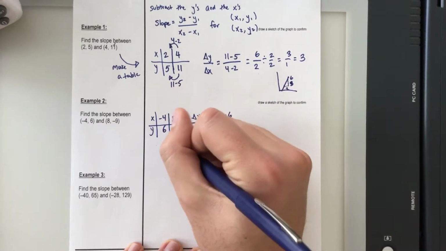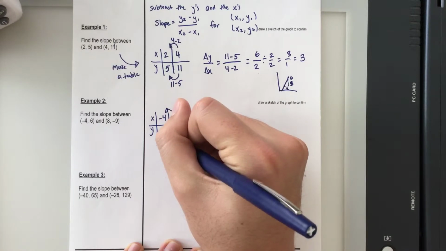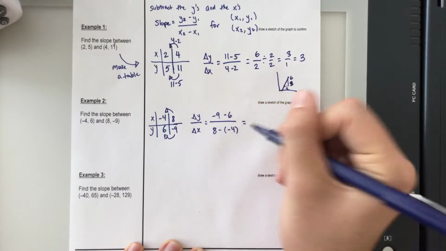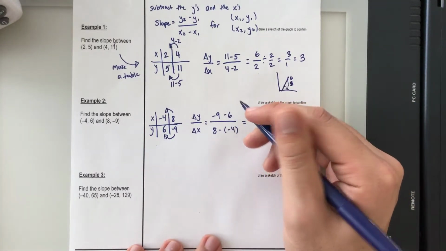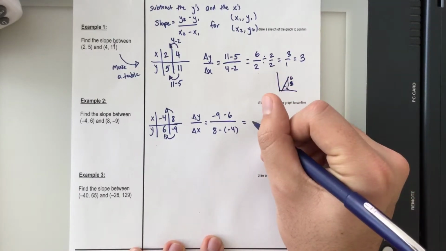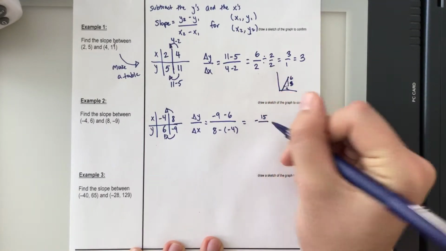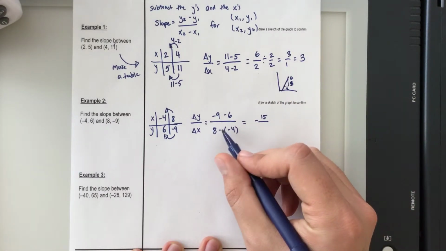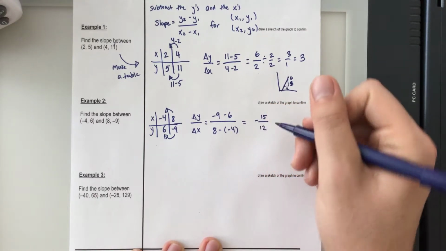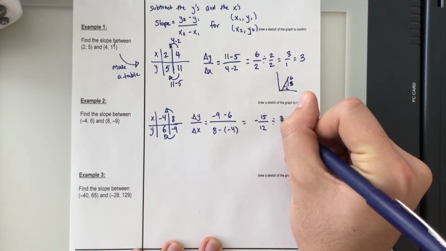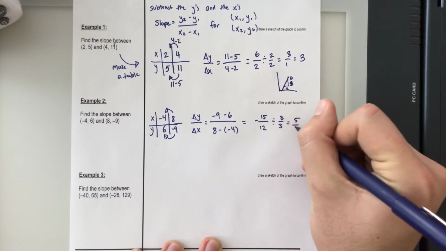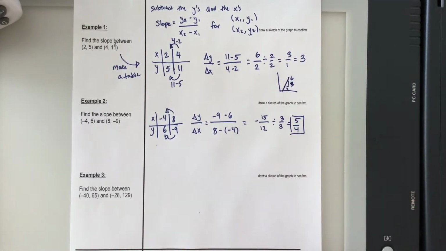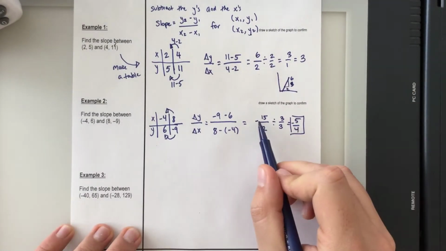And over here it's going to be 8 minus -4. -9 minus 6, what we're going to get is -15. And at the bottom, 8 minus -4 is actually 8 plus 4, so we get 12. We can reduce this by 3 over 3 and get 5 over 4. That gives us our slope, -5 over 4, because it's a negative.